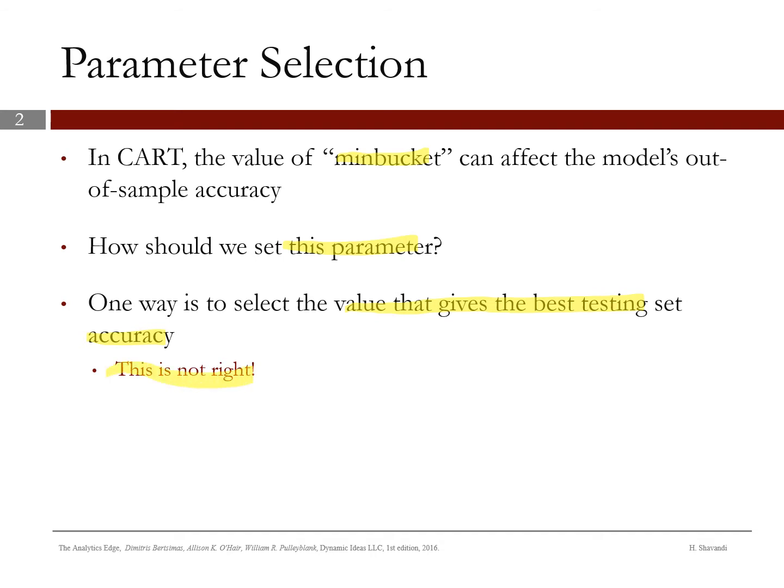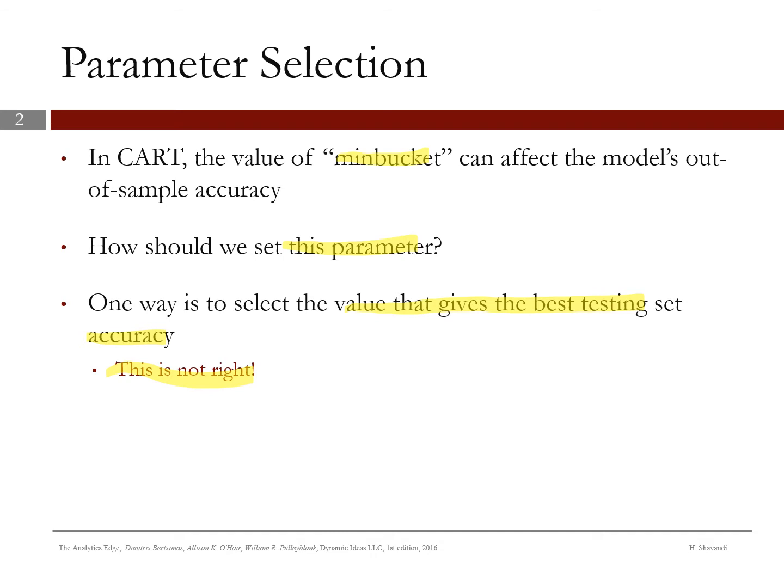Actually, no, because the test set can only be used for evaluation purposes. We cannot use the test set to tune or adjust our model. Any adjustment and tuning should be done using the train data set.